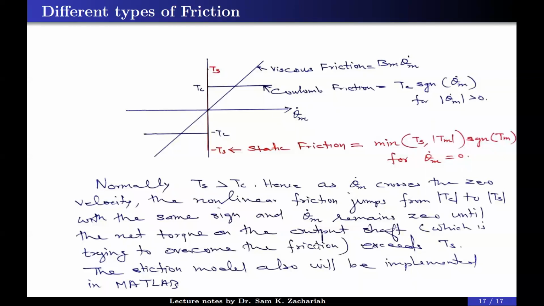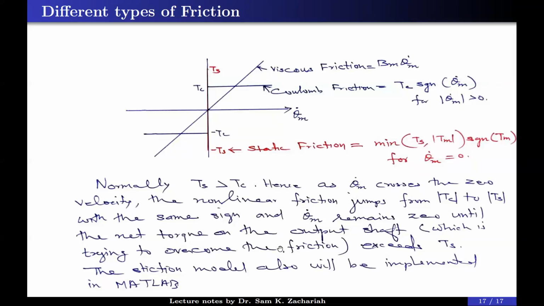Velocity is 0, so there is no damping and it is stationary, so the inertial, rate-of-change-of-momentum related torques are not there. But if there is an output load spring, that spring force also should be properly taken care of while applying this logic. That is what I have written: the total force trying to overcome the friction. If that exceeds the value of Ts, only then will the motor shaft come out of the friction zone.